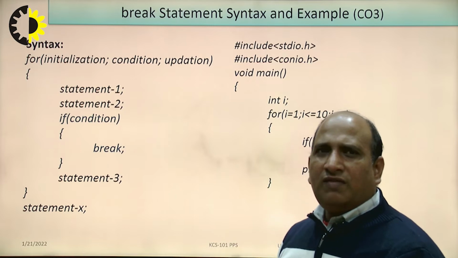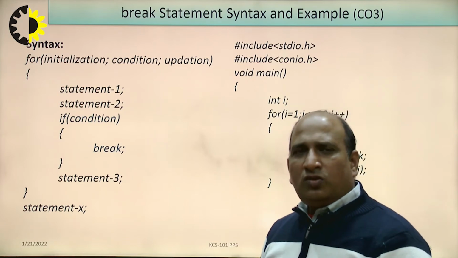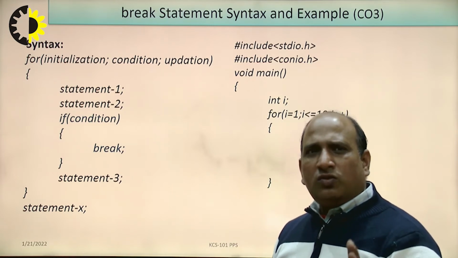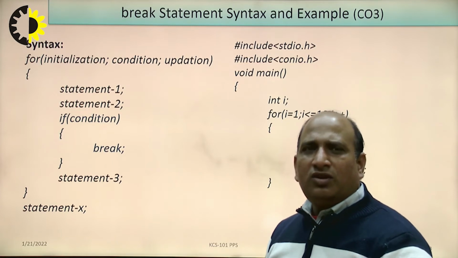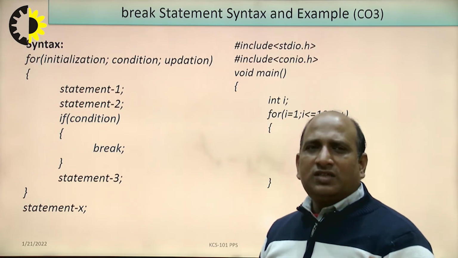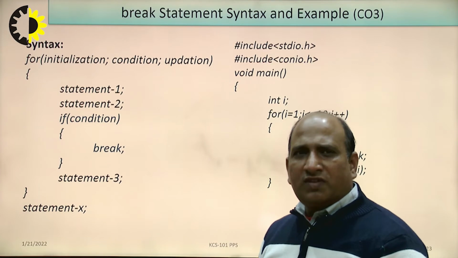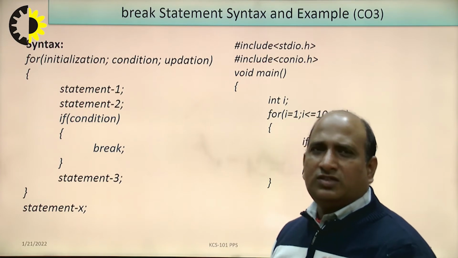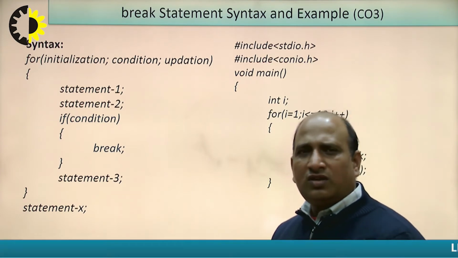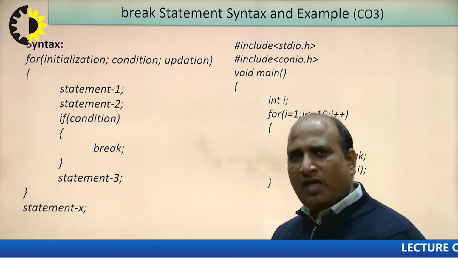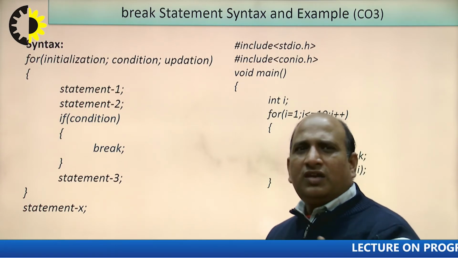Then i will be updated to 2. 2 is less than or equal to 10, again true. Control will come here in the body. The test is done: if i equals 5, means 2 equals 5, again it is not true. Break will not be encountered, control will print that i. Then i will be updated. Keep on.